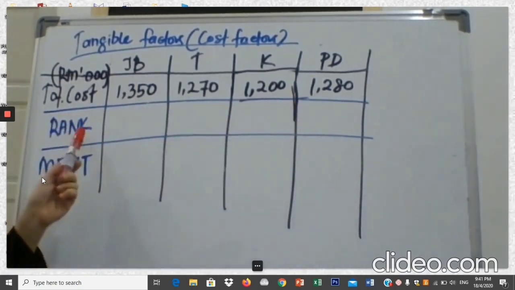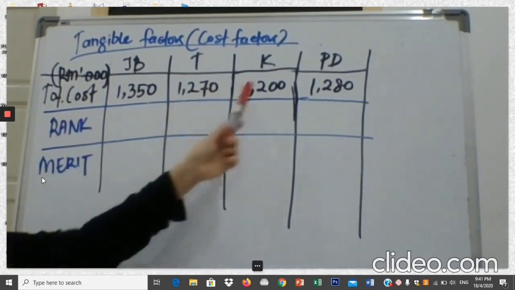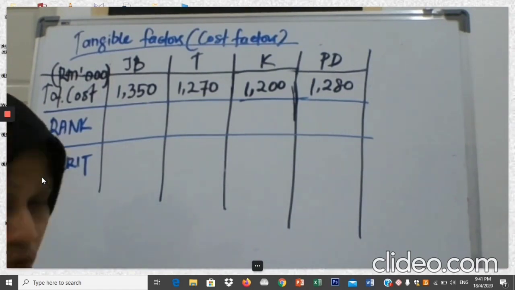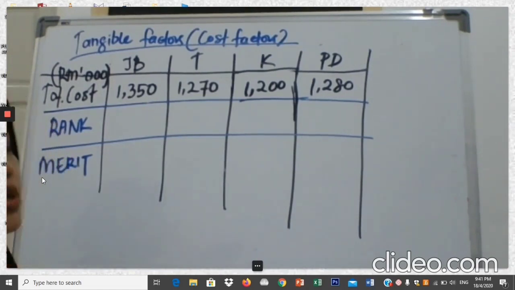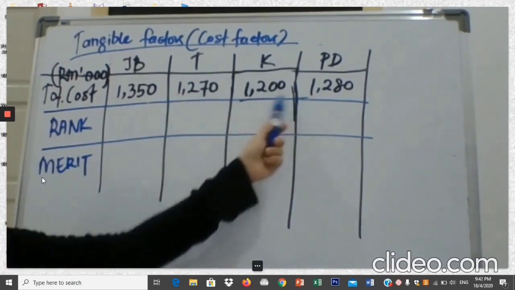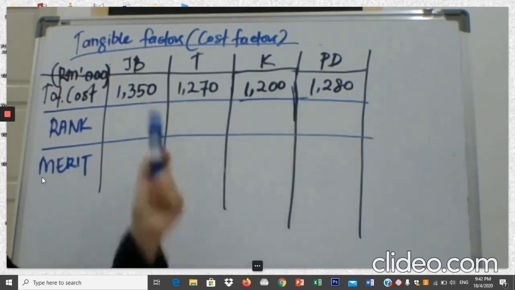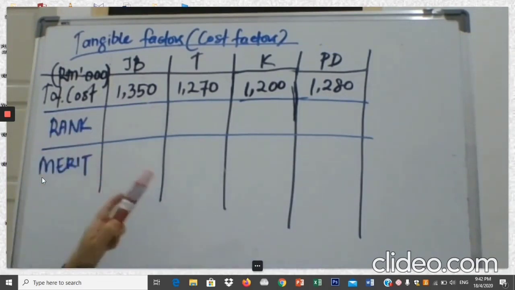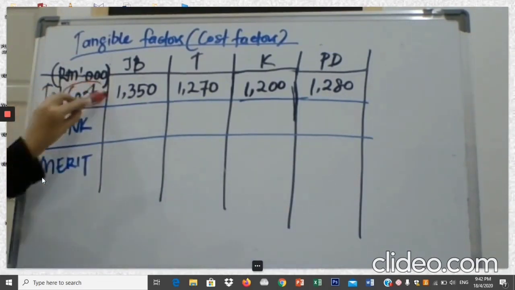Once you have calculated the total cost, the next thing is for you to assign a rank for all these locations. So what is rank? Rank here means the hierarchy. Susunan, turutan ataupun kedudukan. That is rank. So how to assign a rank? You have to search out of these four total costs for these four locations, which one is the best. Before you decide the highest one is the best, just look at this.